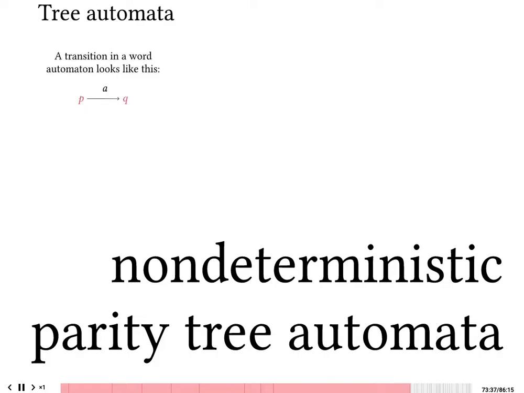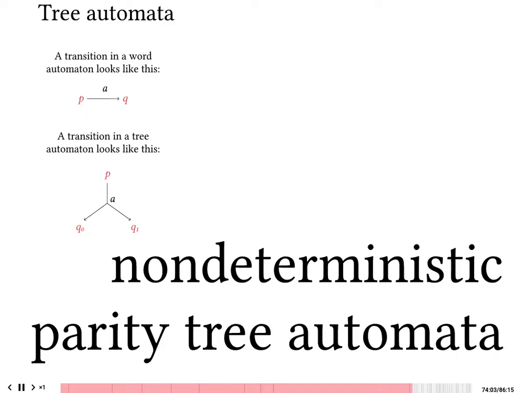If you have a word automaton, then a transition looks as follows. You have an input letter, the state before you read it, and the state after you read it. A tree automaton is the natural generalization where you start the automaton in the root, with the state p before you read the letter, and then once you read the letter, you branch into the state in the left child and the state in the right child.